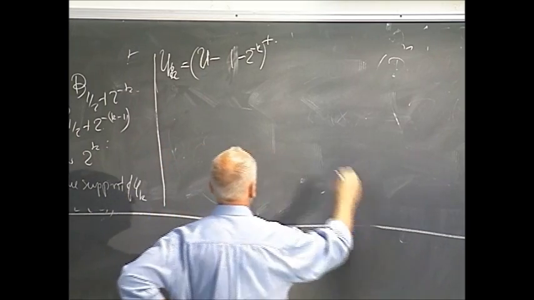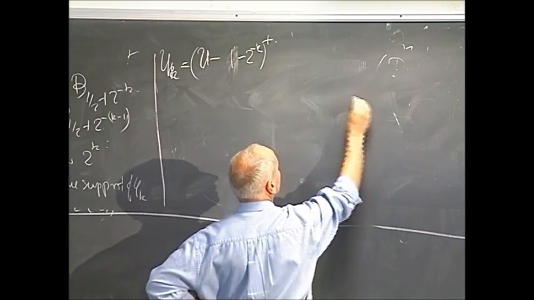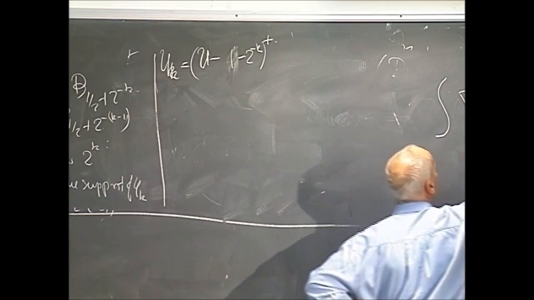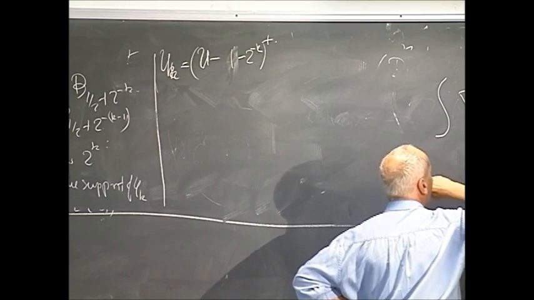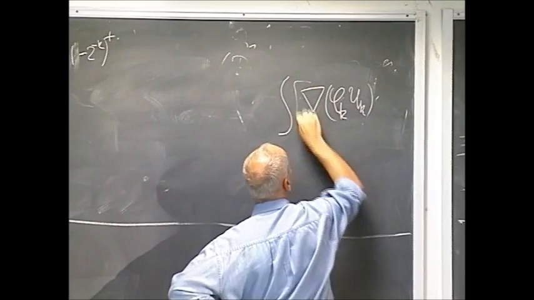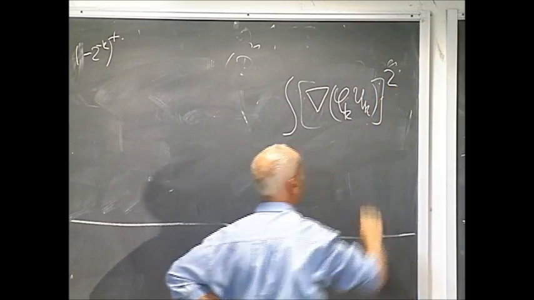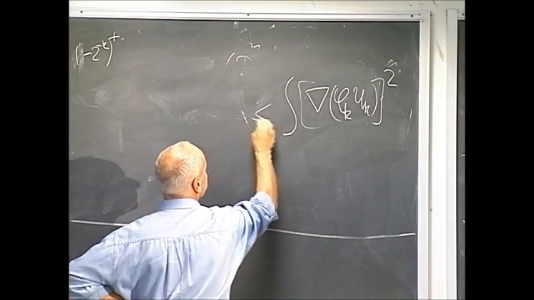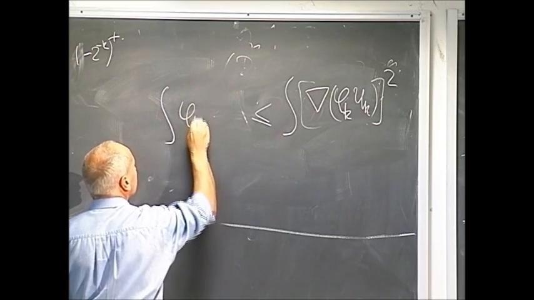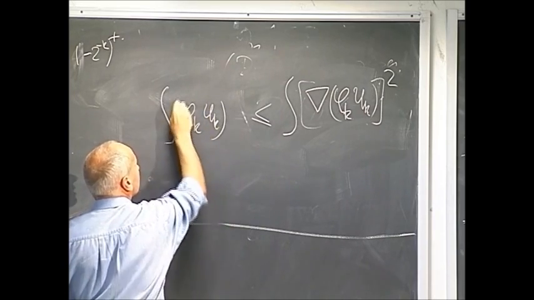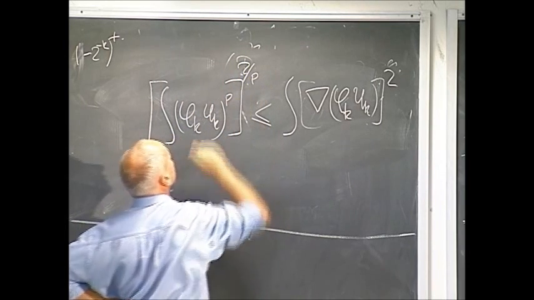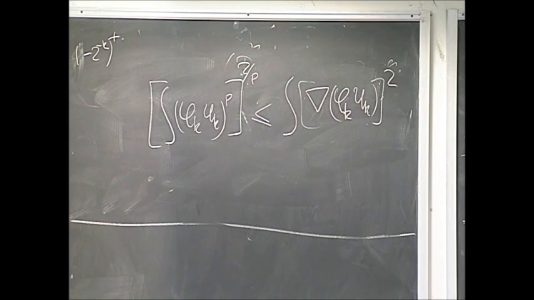Okay, so by Sobolev I have that the integral of gradient of phi k uk squared, right, controls the LP norm. Okay, but I really want the L2 norm here.